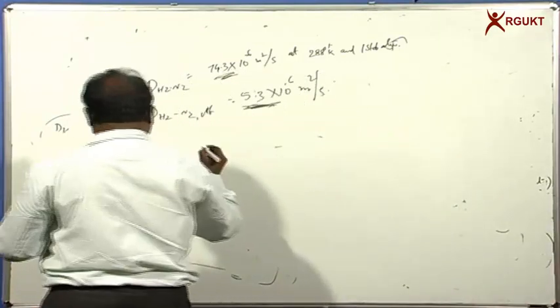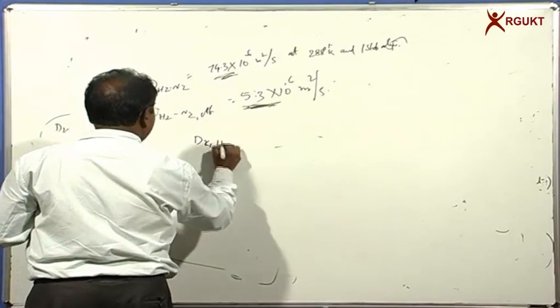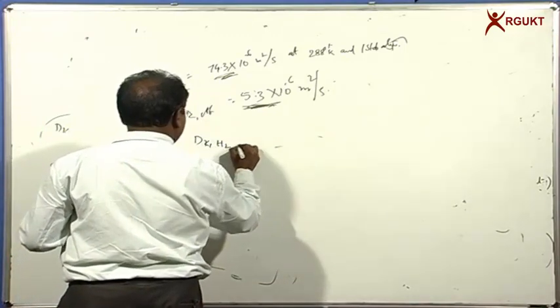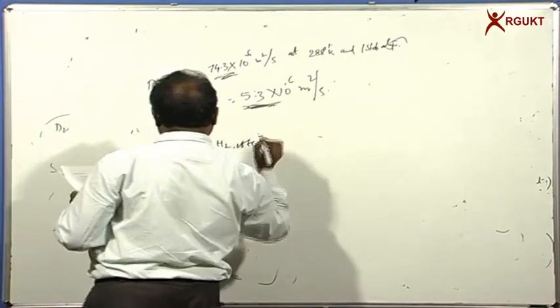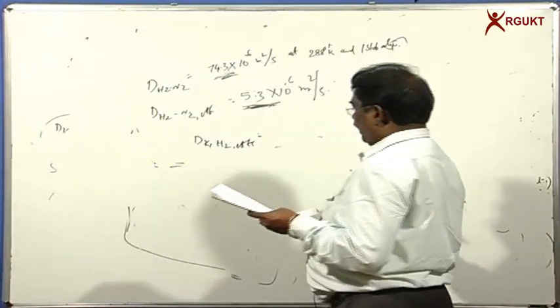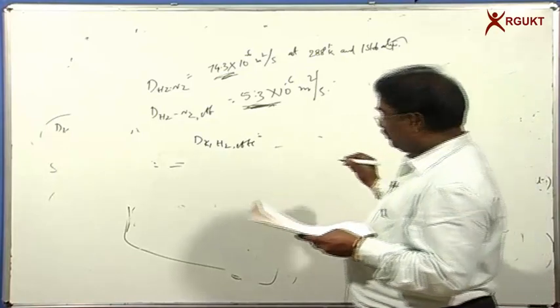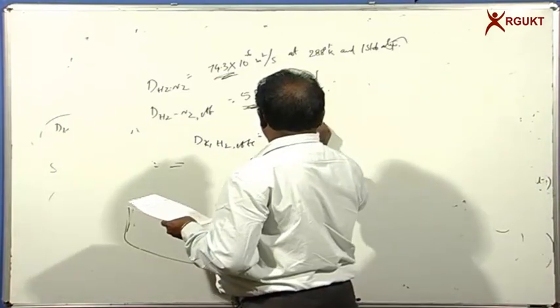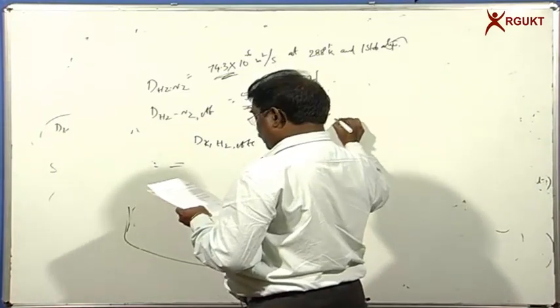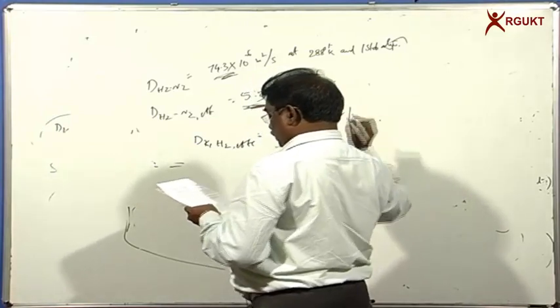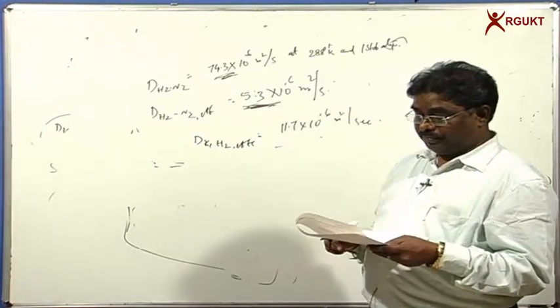And we have D_KH2 effective, the Knudsen diffusion coefficient of hydrogen, which is the effective value, 11.7 into 10 power minus 6 meter square per second at the same temperature and pressure.